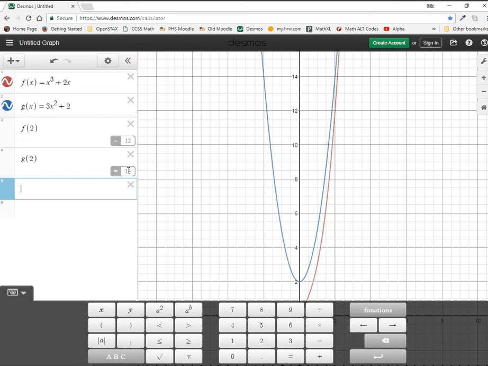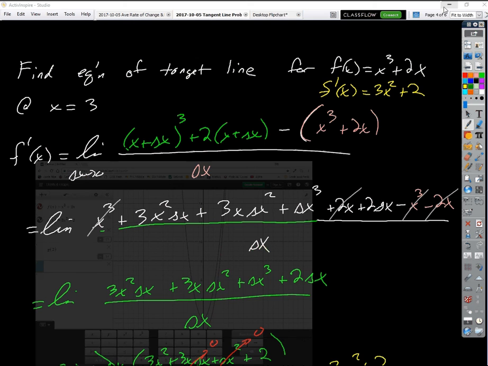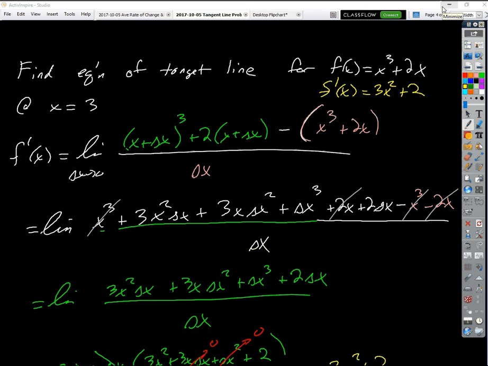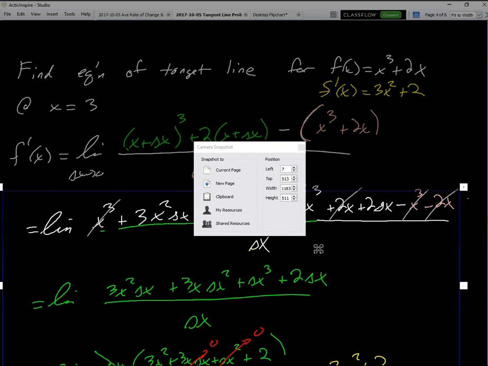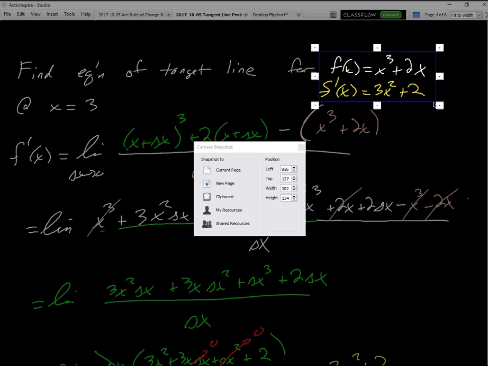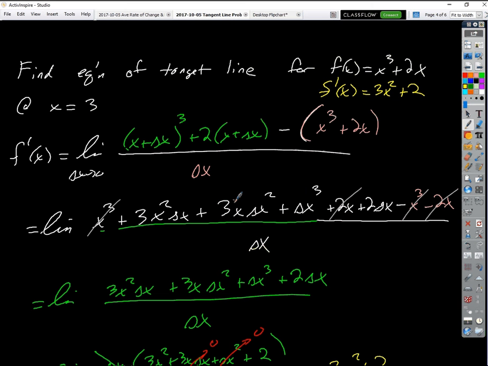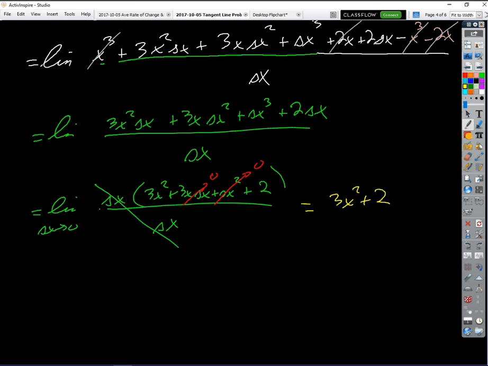Okay, so let's just show this very quickly. If we wanted to take this information right here, and we're looking at, well, let's use 2, being as that's what we're using in our example on the graph.